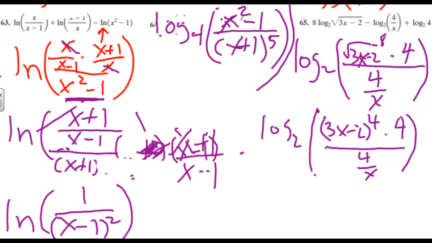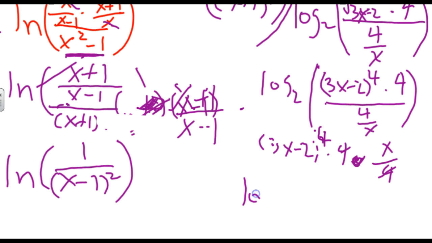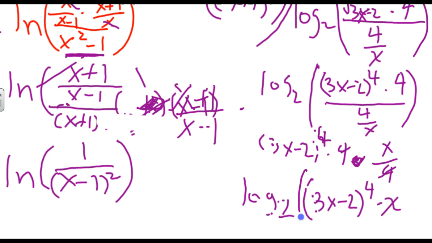What you're going to notice is I've got 3x minus 2 to the 4th, times 4, times the reciprocal of 4 over x, which is x over 4. So now notice this 4 and this 4 will cancel. And so my final answer will be log base 2 of 3x minus 2 to the 4th times another x, in big parentheses there. And that's your final answer on that one.